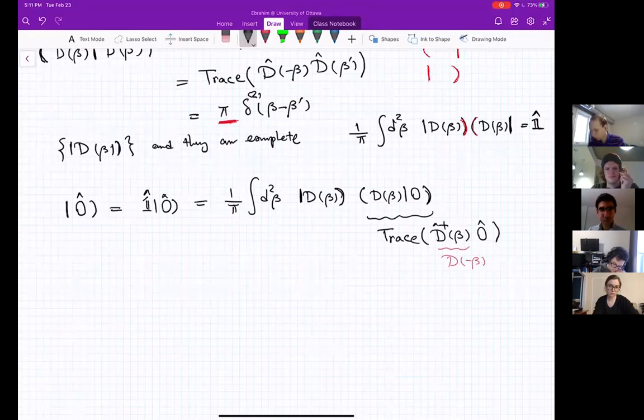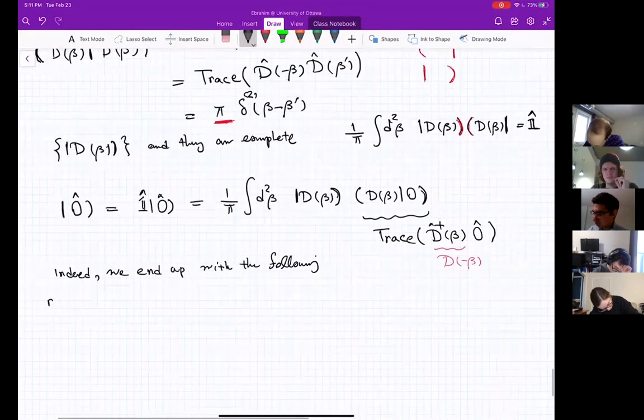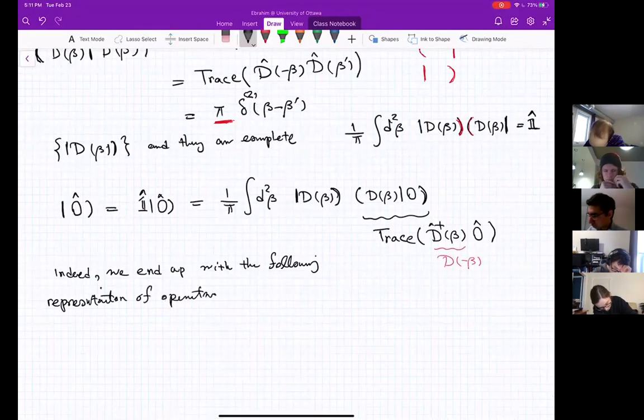So essentially, we end up with the following representation of operator O. Is operator O arbitrary?